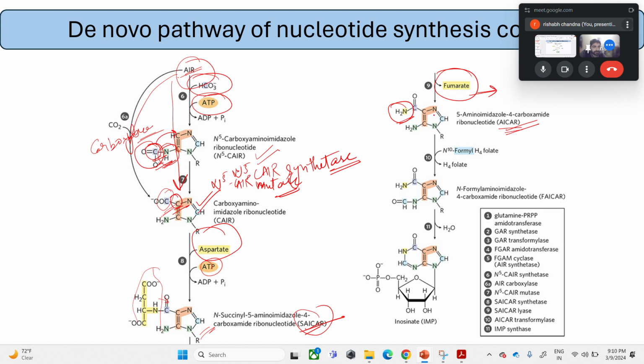This is basically a rearrangement reaction where the fumarate molecule is released, so the enzyme is called a lyase. Now another carbon from the formate group is attached to the nitrogen, forming N-formyl amino imidazole 4-carboxyamide ribonucleotide, or FAICAR. This is also a transformylation reaction, so the enzyme is AICAR transformylase.